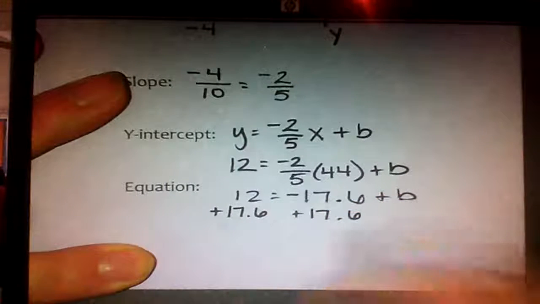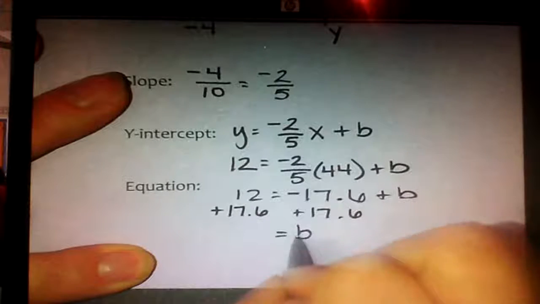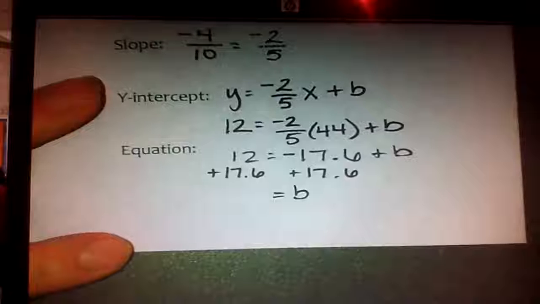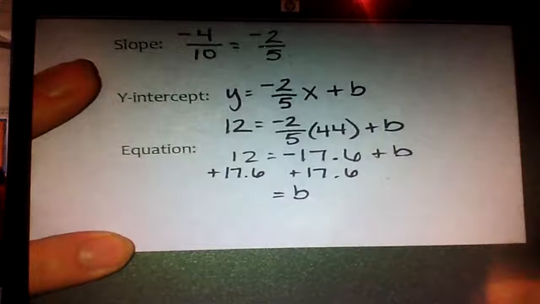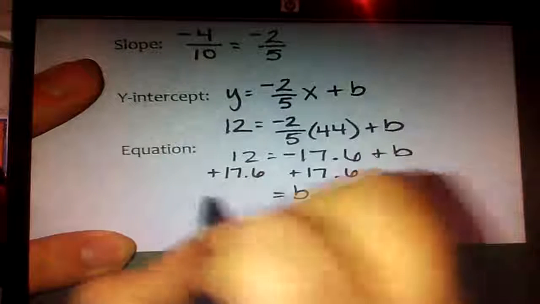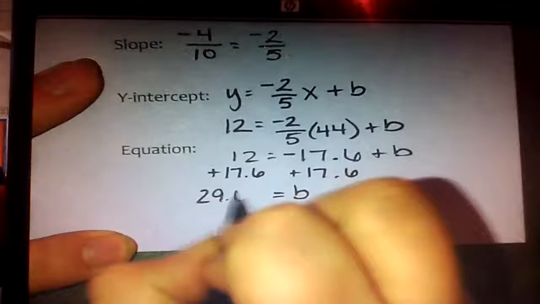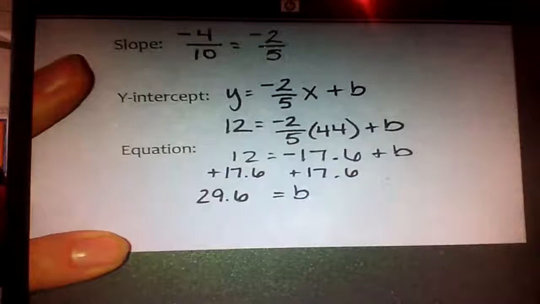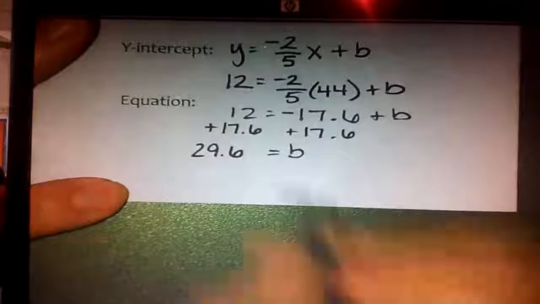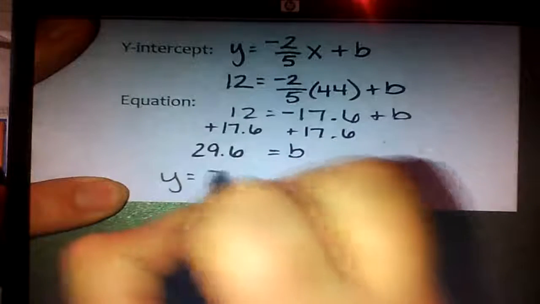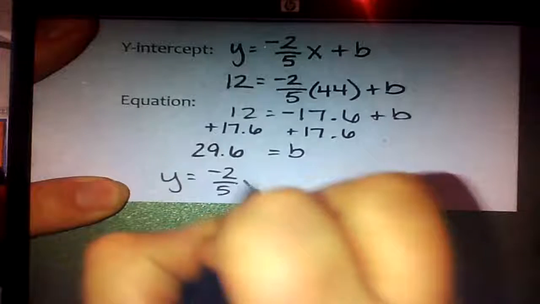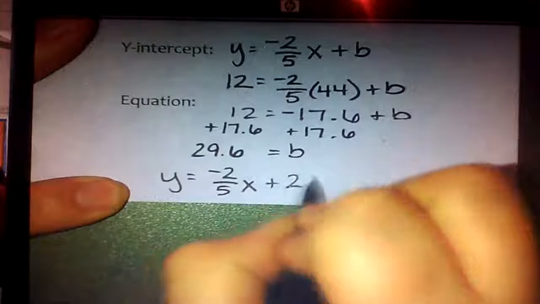What's 12 plus 17.6? 29.6. Okay. So your equation then is actually y equals negative 2/5 x plus 29.6.